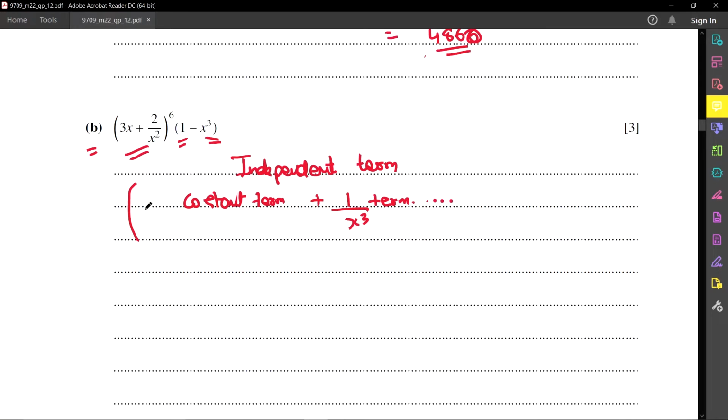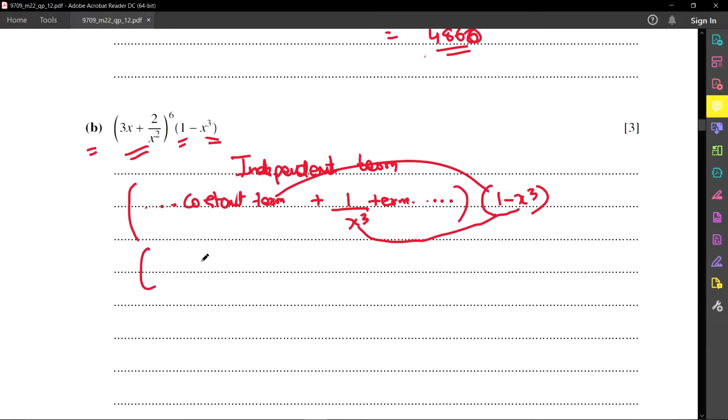We don't need the rest of the terms. When you multiply this with 1 minus x cube, you get the term independent of x. So you might be wondering how. Constant into 1 will give you a constant, which is independent of x. 1 by x cube times x cube will give you x cube, and x cube cancels, so you get a constant again. So this is how we can easily work it out.